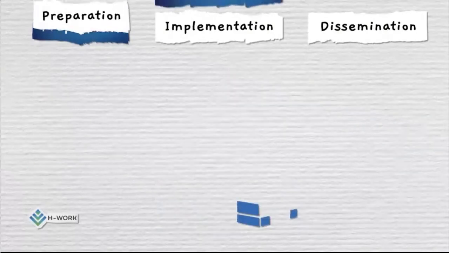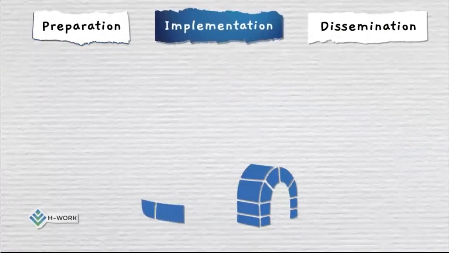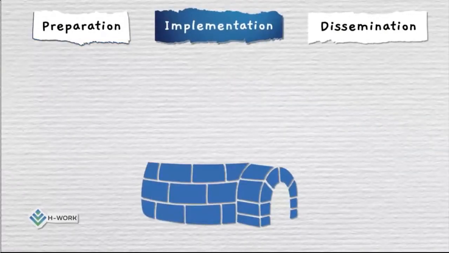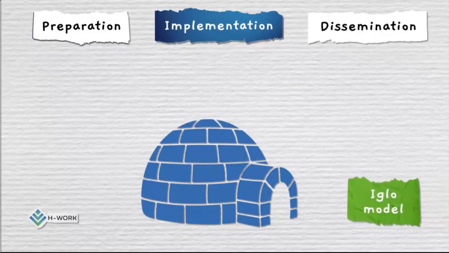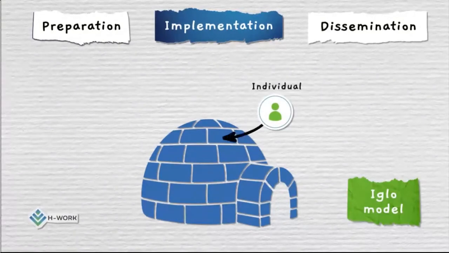Once H-Work partners gain a clear picture of the needs of each organization, preventative measures and innovative interventions are tailored and implemented at different levels of the organization based on the IGLU model. Interventions can be at individual level, such as mindfulness-based interventions and positive stress management.